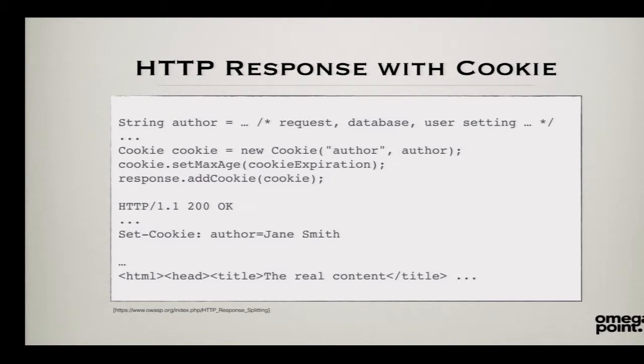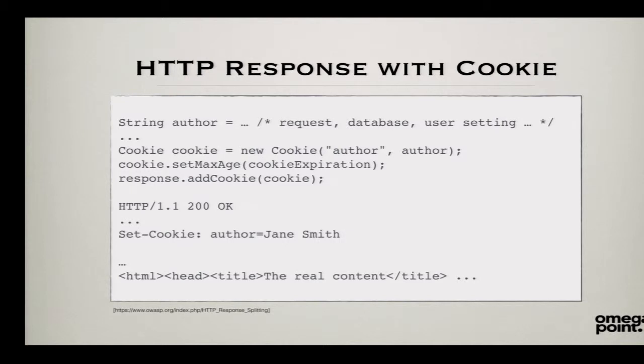So, a concrete example. Let's say that we've got a site where you can browse articles, and you've got a cookie with your favorite author, and this author I'm very fond of, James Smith, is stored in the database or some user setting or something like that. The HTTP response that's crafted will contain a set cookie, author James Smith, and then comes the real content.